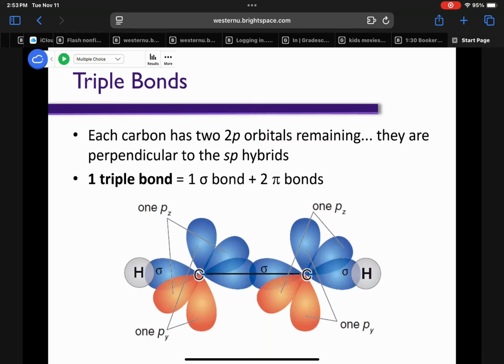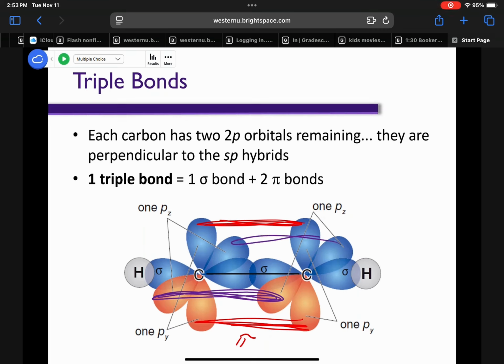So we have a pi bond forming front and back, and another pi bond forming up and down. So the overlay of the top and the bottom, that makes a pi bond. And the overlay of the front and the back, that makes another pi bond. So we have 2 pi bonds, and we have our sigma bond. 1 sigma, 2 pi makes a triple bond.